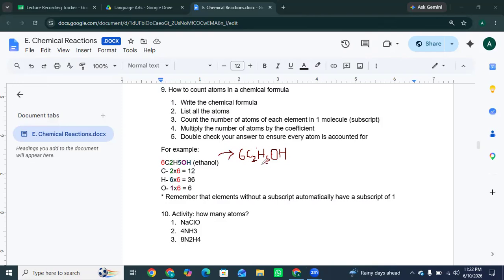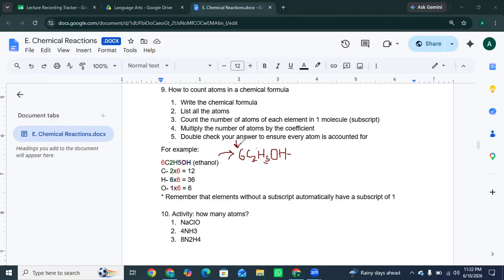Okay, so C is carbon, H is hydrogen, O is oxygen, and also this H is hydrogen. Okay, so the big coefficient is 6, this one.